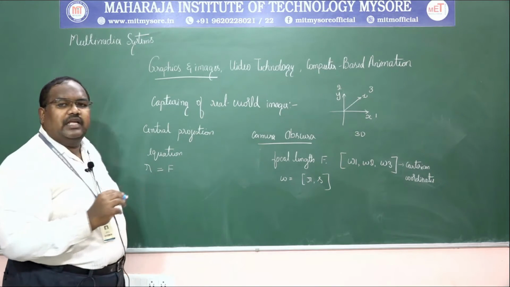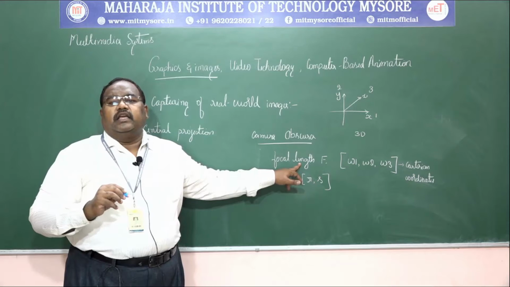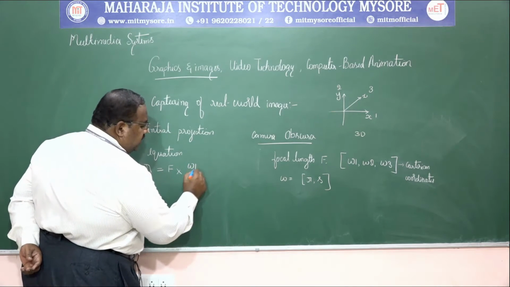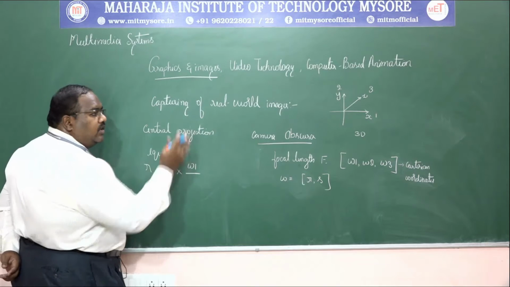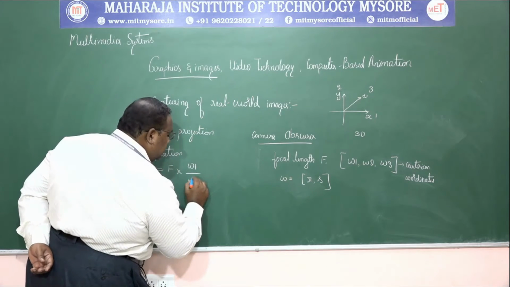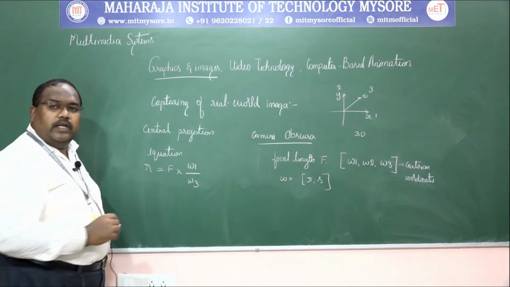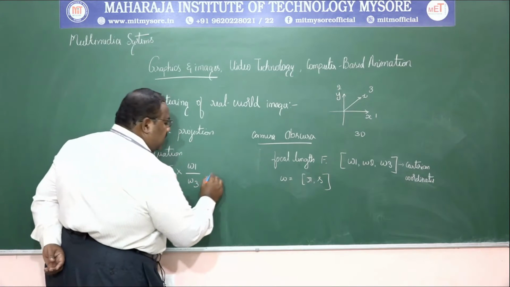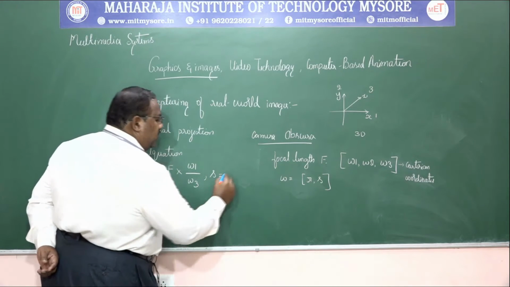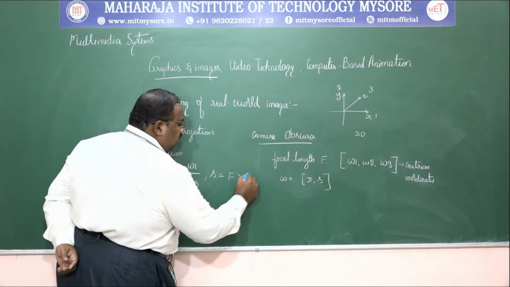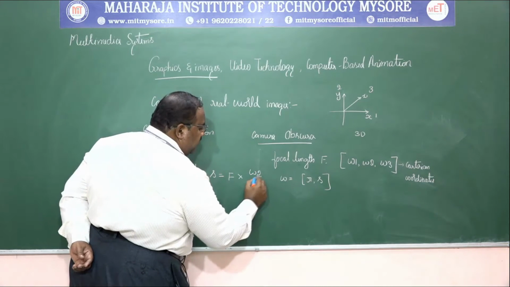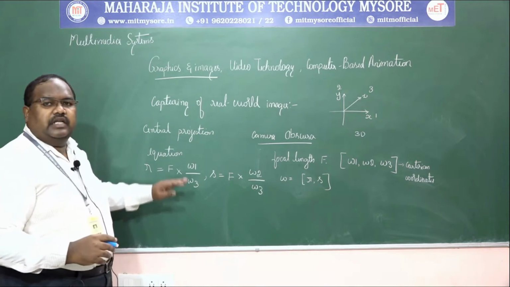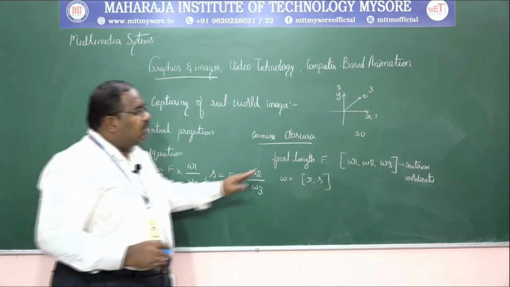What is F? We know that F is the focal length. F into the Cartesian coordinate of first with respect to the third dimension. One part, that is x and y coordination, and then S with respect to the focal length into the second Cartesian coordinate with the third direction, the third aspect, that is a vector.